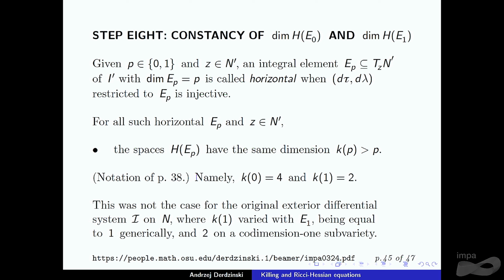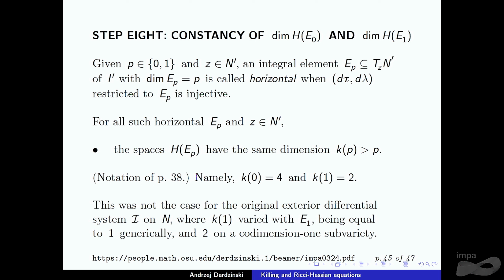Namely, every 0-dimensional integral element has a 4-dimensional extension, which means there's a 4-dimensional space such that all the lines in that space are integral lines. Why? This is the simultaneous kernel of those 2 differential one-forms we added to the system. And if you look at an integral line, then it's contained in a horizontal, let me say everything is horizontal, horizontal integral lines contain a unique horizontal integral plane, and that takes some matrix calculus.